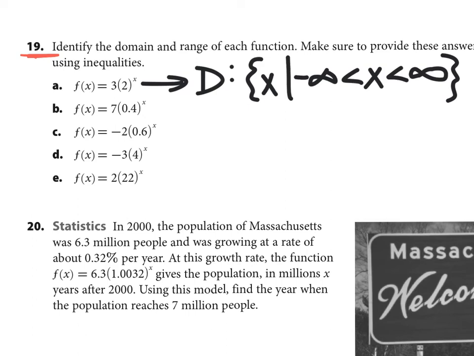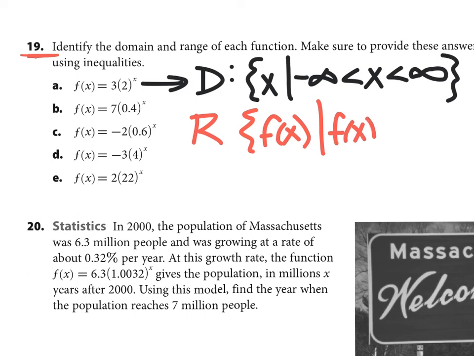My range for this one is, so they're using f of x, so I don't put y, f of x, such that f of x is greater than 0. Now again, it never gets to 0, it just kind of flattens out there, but it's going up, so therefore it's greater than 0.